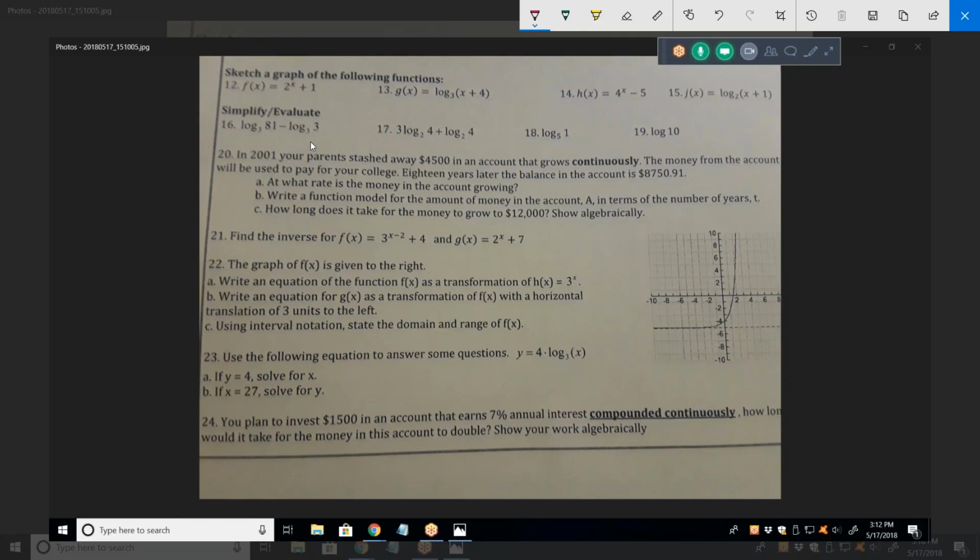So if you put that together in one log expression, what is it? First of all, what we're going to do is take that coefficient and make it an exponent.